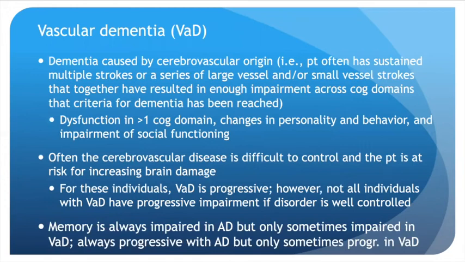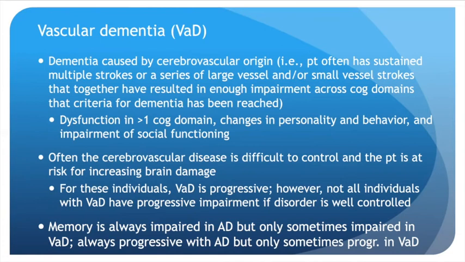Vascular dementia is dementia caused by cerebrovascular origin. So that is, the patient has often sustained multiple strokes or a series of large vessel or small vessel strokes that together have resulted in enough impairment across cognitive domains that the criteria for dementia have been reached.